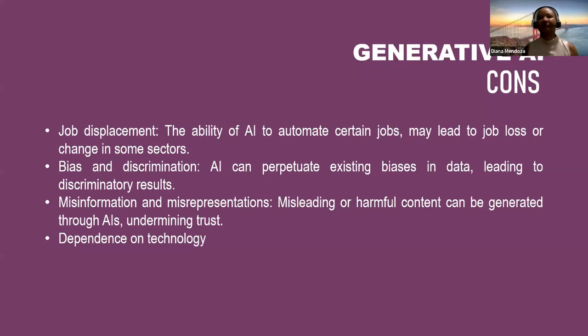Bias and discrimination is not only a con, but a huge concern and a challenge for using Gen AI, because I mentioned before that a model is trained with data. But if that data has some kind of bias, that bias is going to be in the model. For example, in the hiring field, if you are using Gen AI for an ATS, and your data reflects societal bias, then that bias is going to be mirrored in your outcomes.